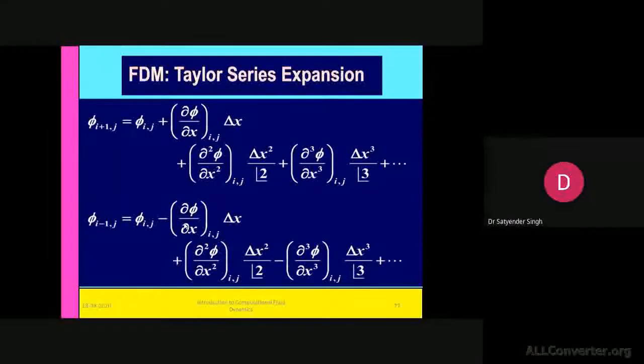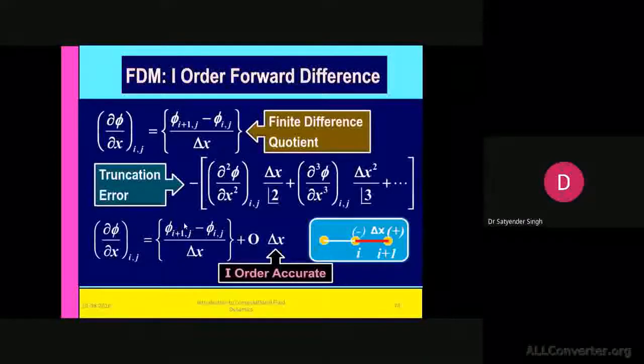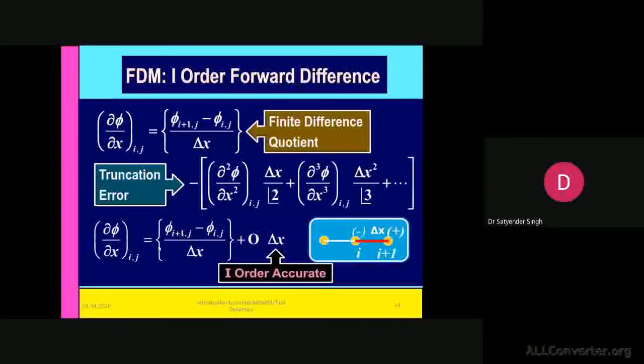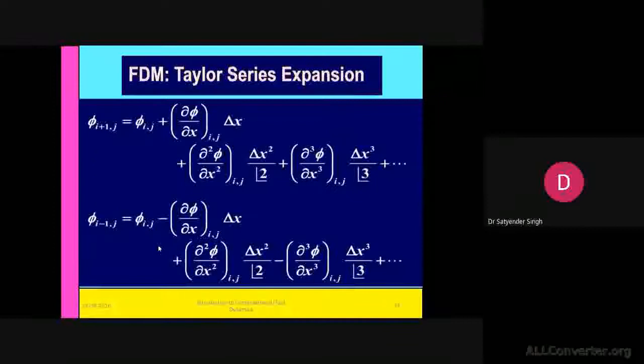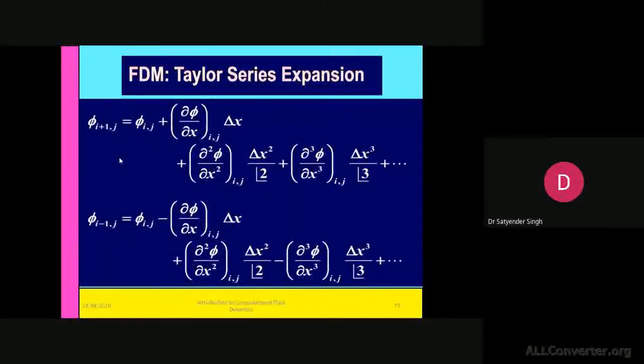So from the Taylor series expansion, on the basis of finite differencing, we have two forms of the Taylor series. One is for the upstream side, meaning if you want to take an increment in the x direction, then the first one will be used.